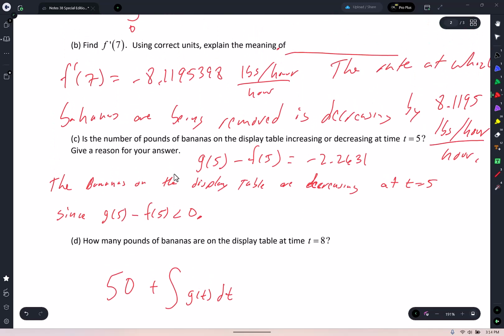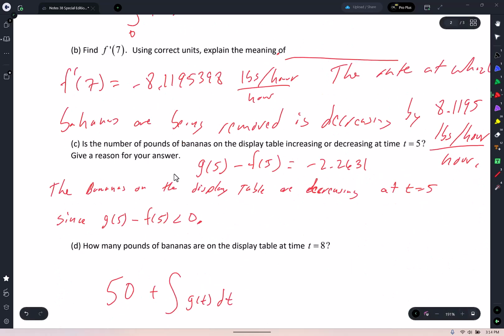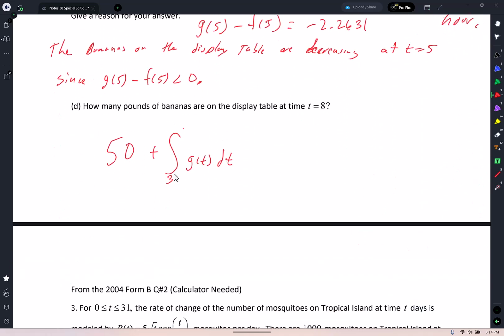No, not 0 to 8. Look where g of t starts. 3 to 8. And I got to subtract the bananas that have been removed, which is 0 to 8 of f of t. Type it in your calculator carefully.